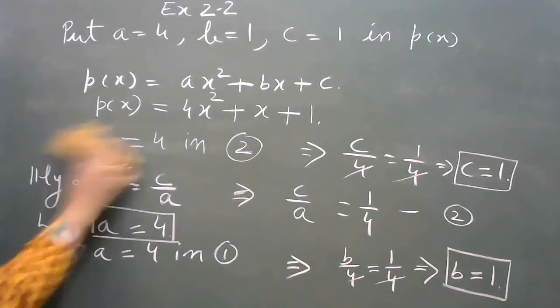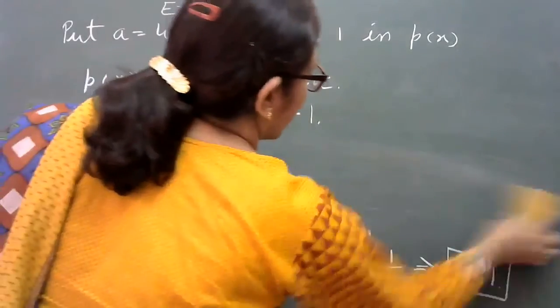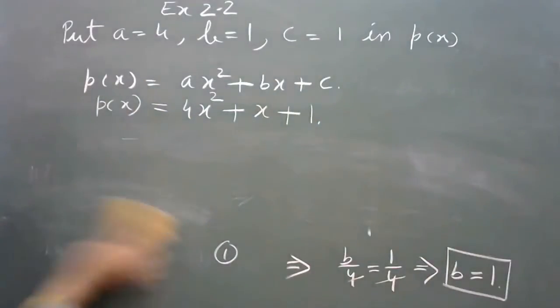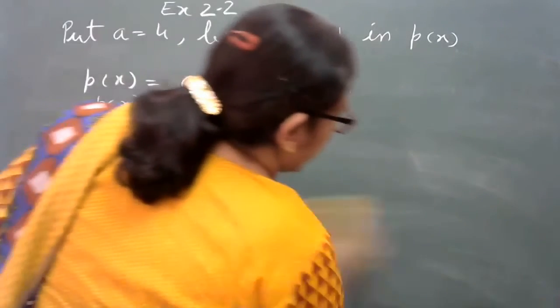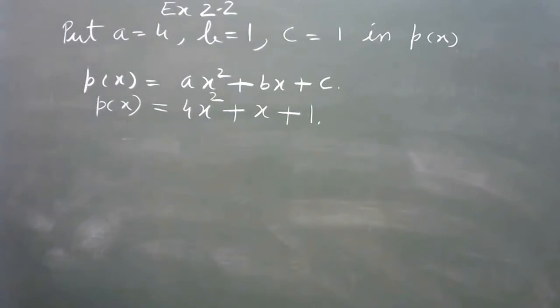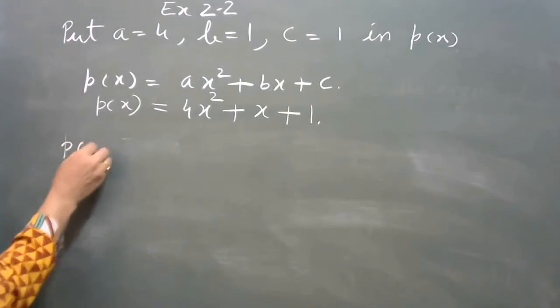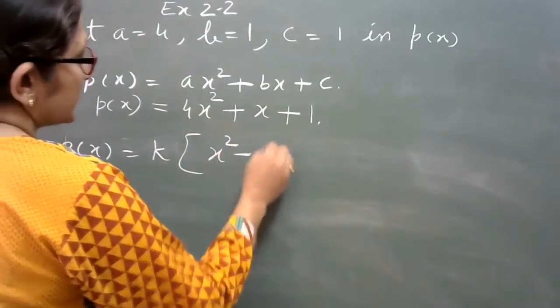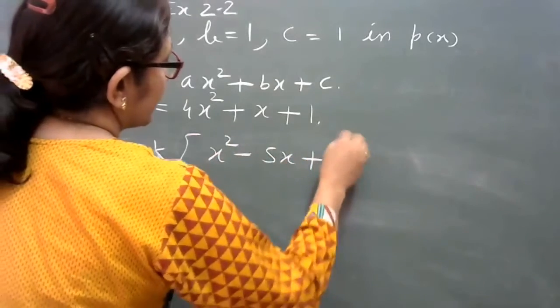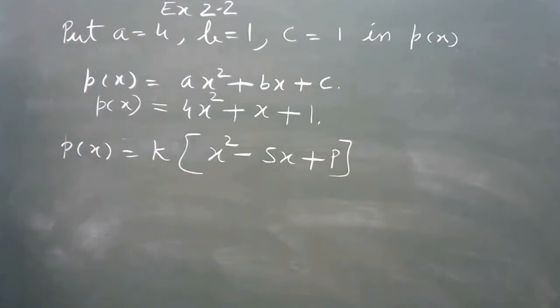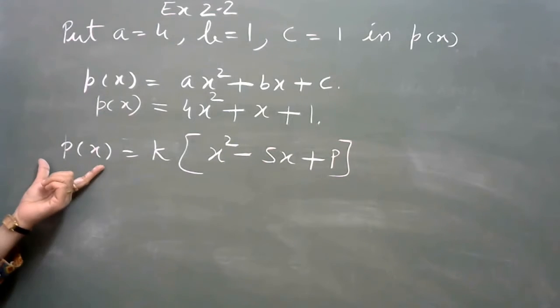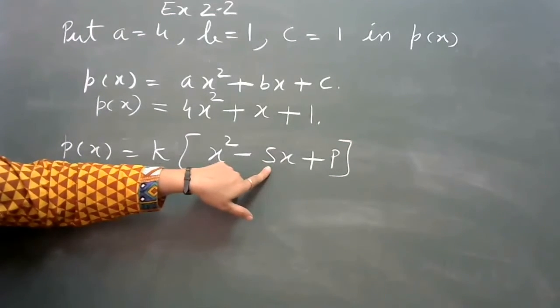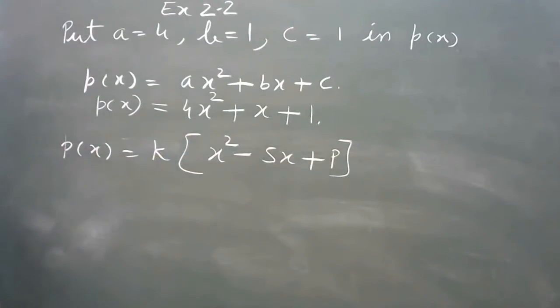But if we want to check it directly, we can substitute the values accordingly. Here we know P(x) is equal to k into x square minus sx plus p. It is a formula. So it is a polynomial with sum of zeros as s and product of zeros as p.